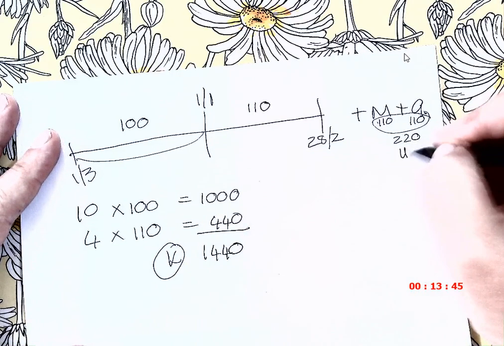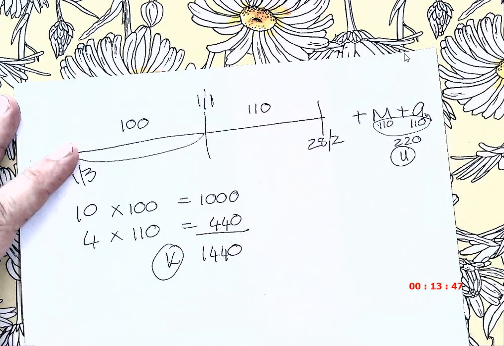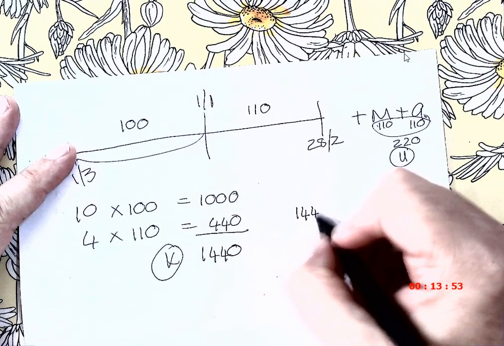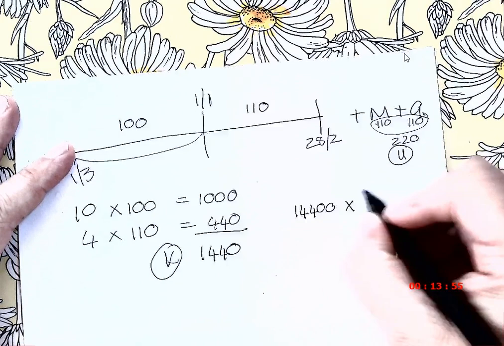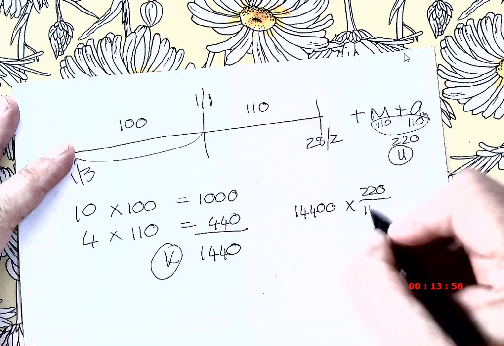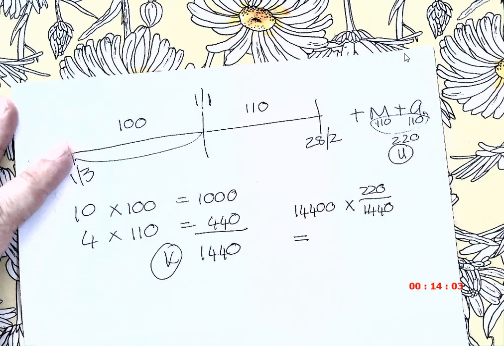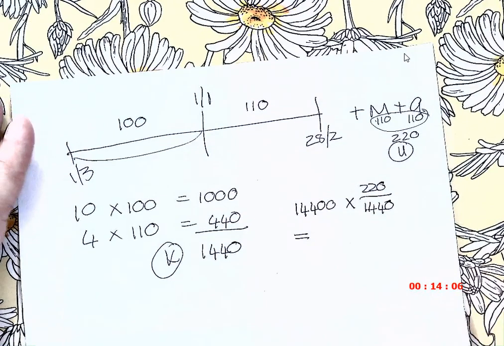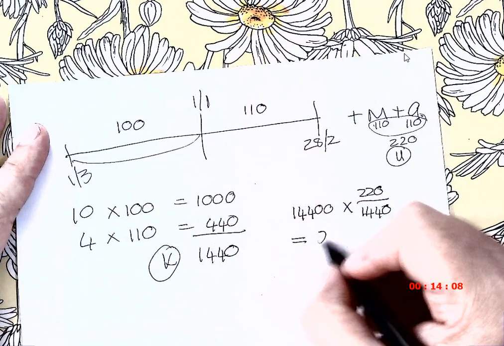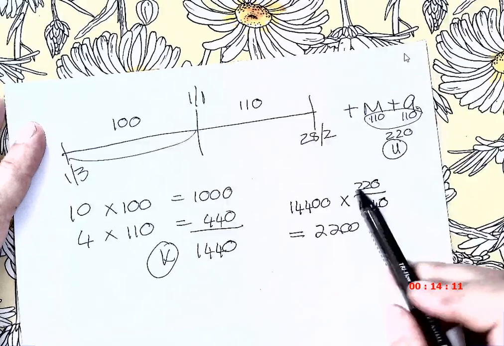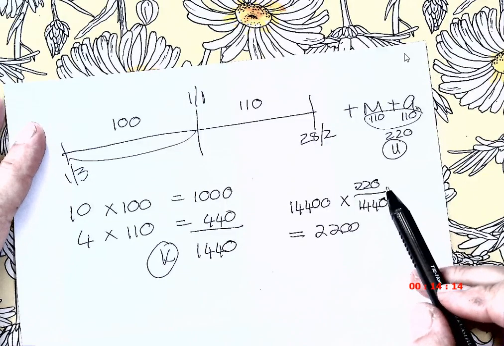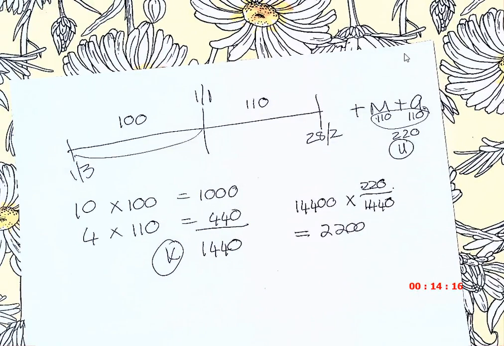My unknown is 220. So I take the total rent, which is 14,400, and I say unknown over known. And that gives me 2,200. I could have also said 110, but then I had to remember I get 1,100 as the answer. So I still need to times it for 2 months.